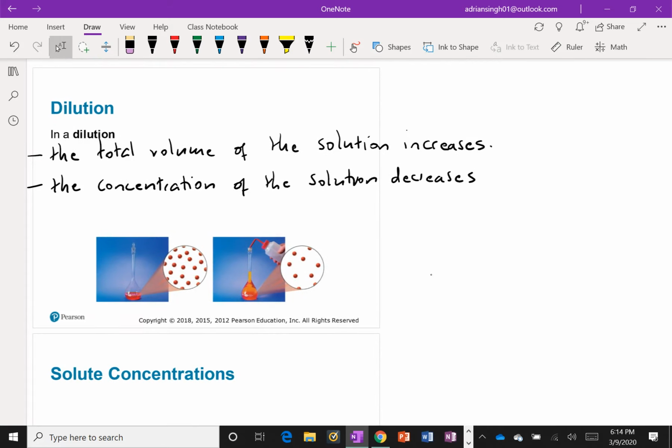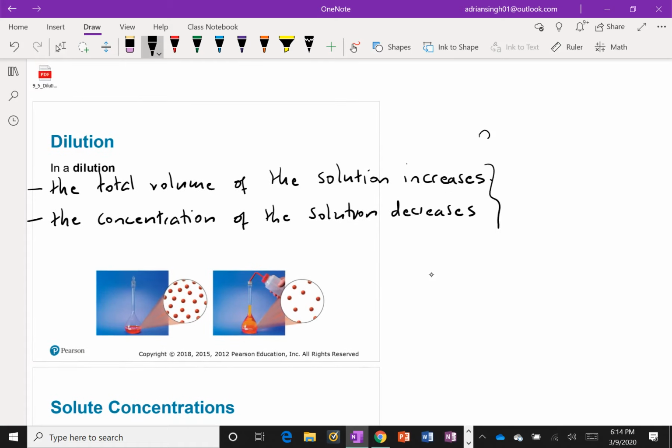What type of relationship is that, where one thing goes up and the other one goes down? That's an inverse relationship between the concentration and the volume.